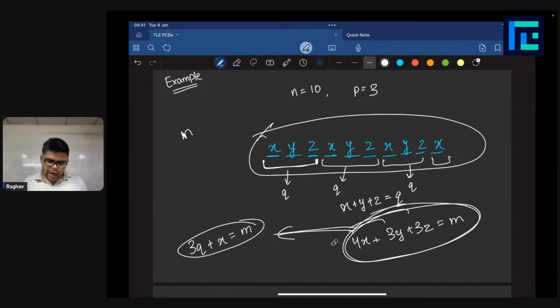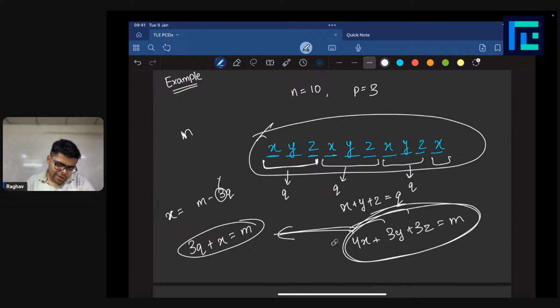And this value of x that I have here is something I can decide myself. So I can create an array in which this x is equal to m minus 3q, right? I can decide the value of the first guy to be equal to m minus 3q.